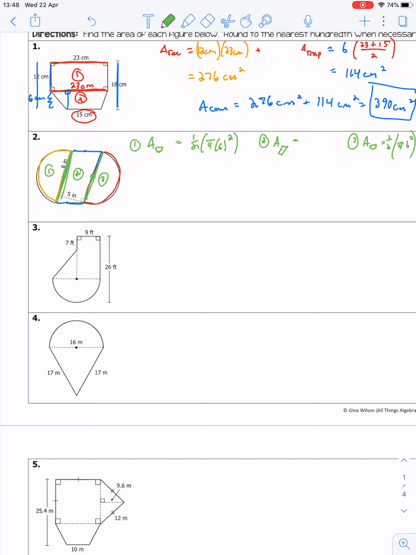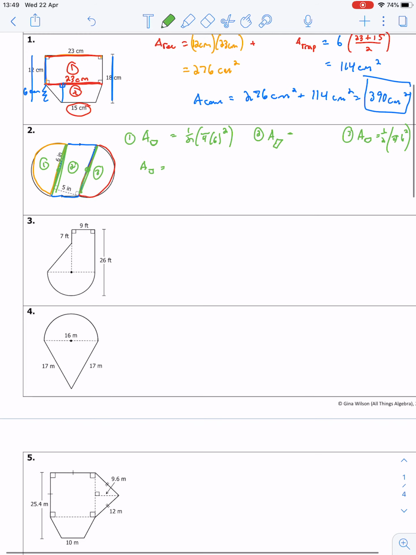Okay, so let's first get our area of the half circle. That's going to give us, let's see here, 113. Oh, so that's going to give us 66.05 inches squared.